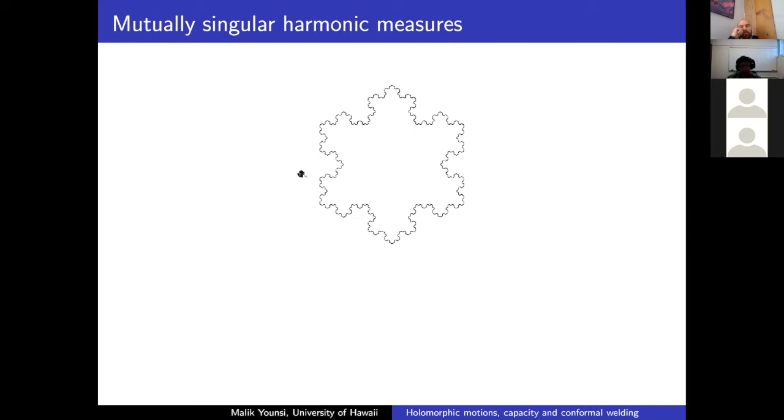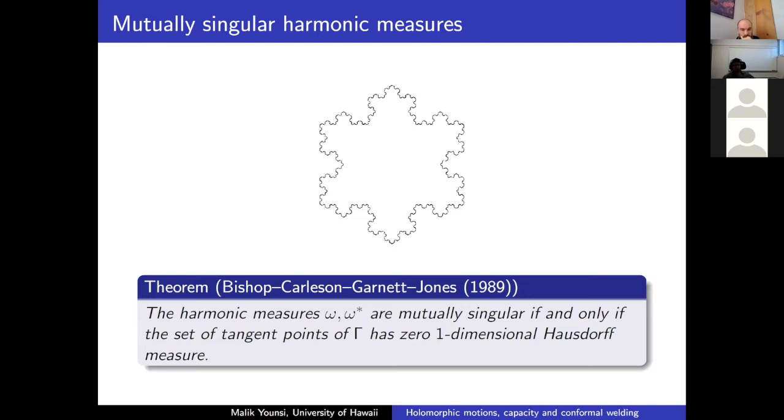And then how does this property of singular harmonic measures relate to the geometry of the curve itself? Well, we have the following famous theorem of Bishop, Carleson, Garnett, and Jones, who proved that the two harmonic measures from both sides of a curve are mutually singular if and only if the curve doesn't have too many tangent points. Okay?